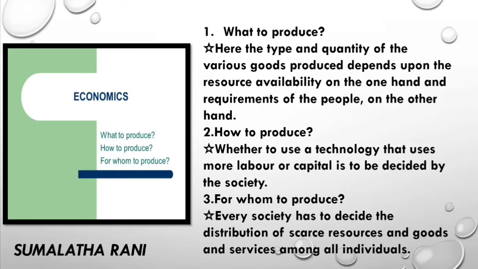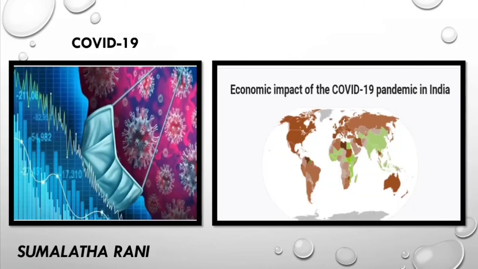For example, it may be availability of food, basic education, or primary health. So every society has to decide the distribution of scarce resources and goods and services among all the individuals. So children, these are the basic economic problems related to micro and macro levels.